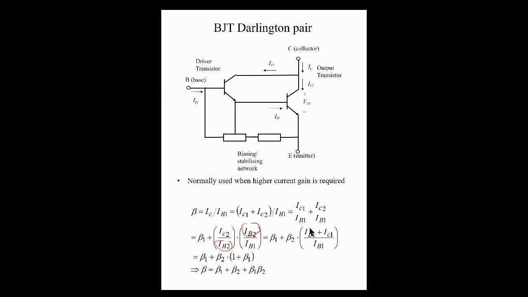If you look here, the ratio IB1 to IB1 is basically 1, and IC1 to IB1 is basically beta 1. So when we expand this, what we observe is that overall beta is larger, so we have a higher gain. Any questions?